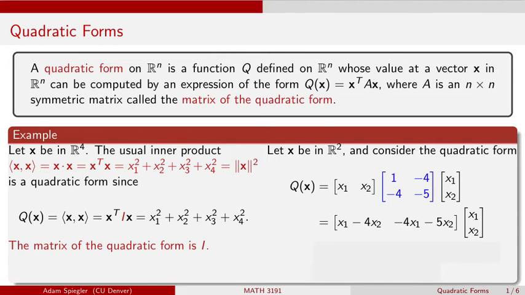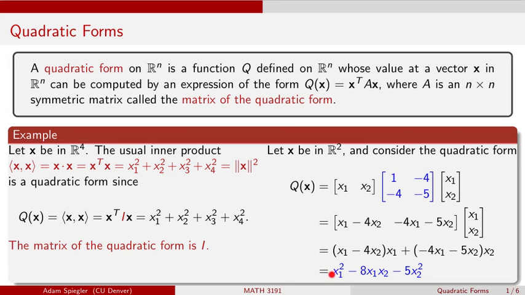The second entry in this row is minus 4x1 minus 5x2. And then we multiply this by the column vector x1, x2. And that gives us x1 minus 4x2 multiplied by x1, and then minus 4x1 minus 5x2 multiplied by x2. And so distributing terms and grouping things together, we get the following formula that q of x can be written as x1 squared minus 8x1x2 minus 5x2 squared.